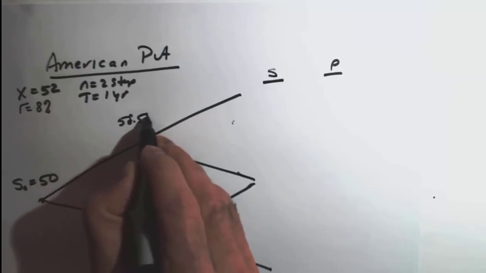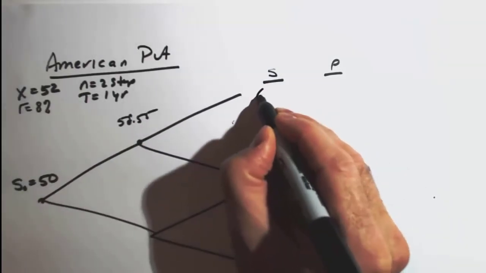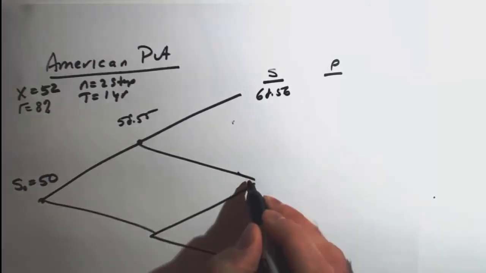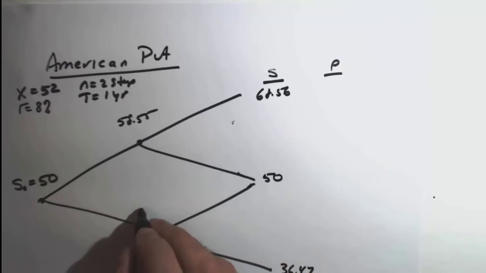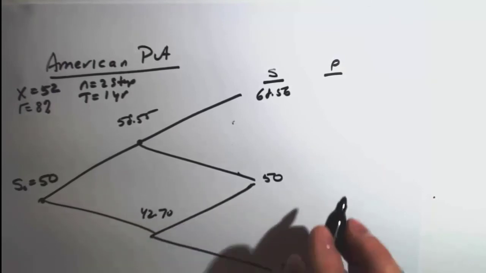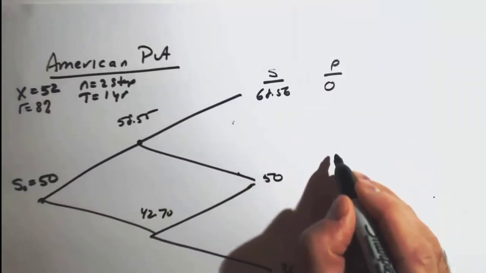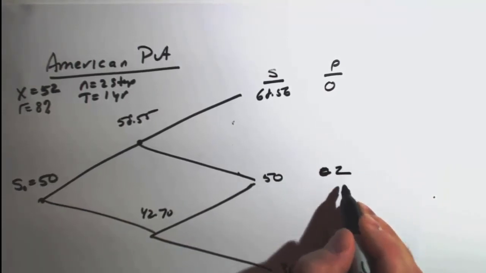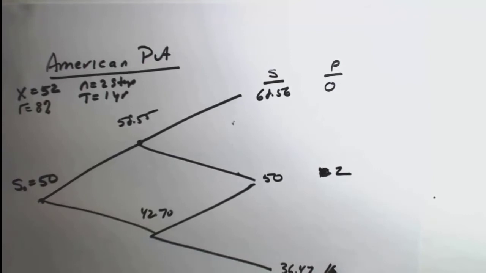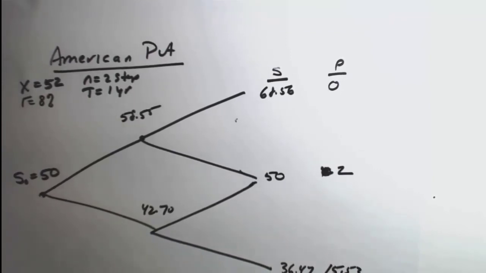So let's use the same lattice work here. We're going to do the same for the stock, and then we're going to put in the same put values at expiration. Because at expiration, there's no difference between an American and a European put, the payoffs are as listed before.